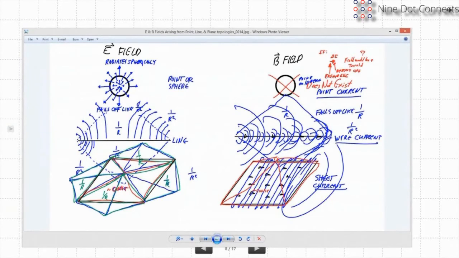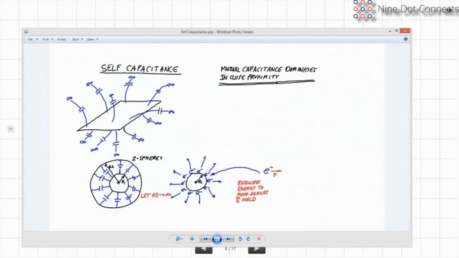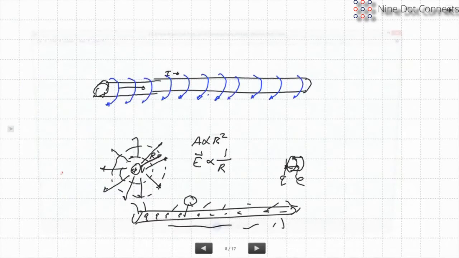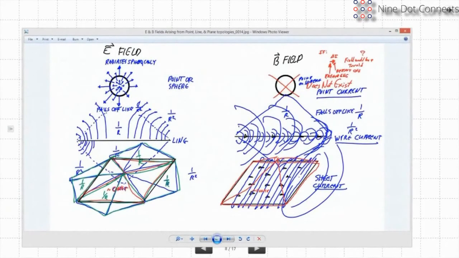The exact same analogy on the right-hand side happens with the B field. You can have a line, and you can have the magnetic field, which is now circles around it. Over on the right, you'll see that if you have a wire, you get lots of lines circling it.